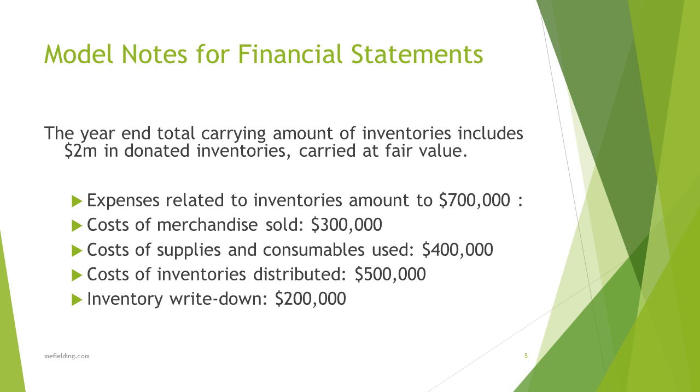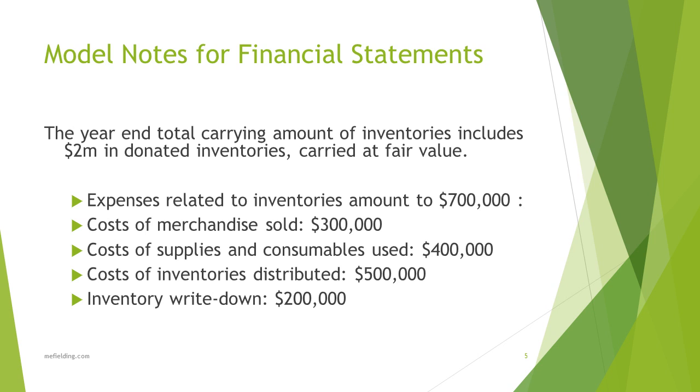This is stuff that's gone, because we're now on to what in the good old days, when I was still young, used to be called the income statement or the profit and loss account. Expenses related to inventories in that statement amount to $700,000.